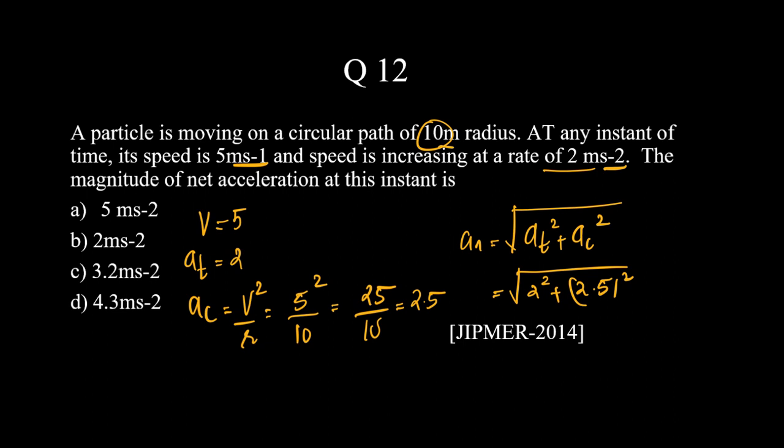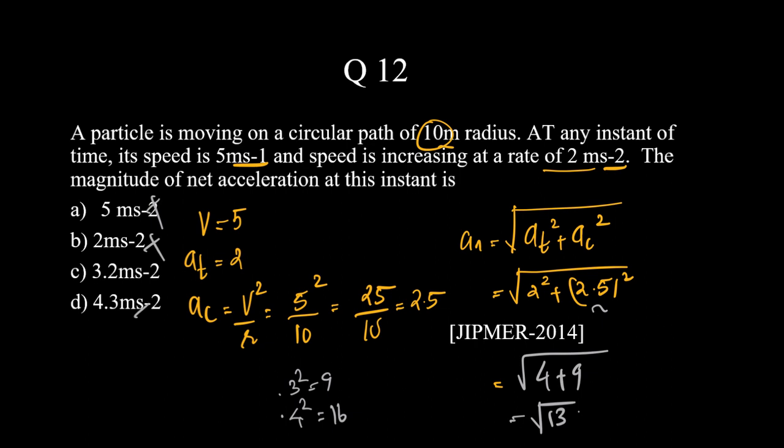Let's approximate 2.5 to be 3. So what do we get? Root of 4 plus 3 square is 9, so it is root 13. 3 square is 9, 4 square is 16, so the value should definitely be between 3 and 4. So it can't be 5, it can't be 2, it can't be 4. The only option we have is 3.2.